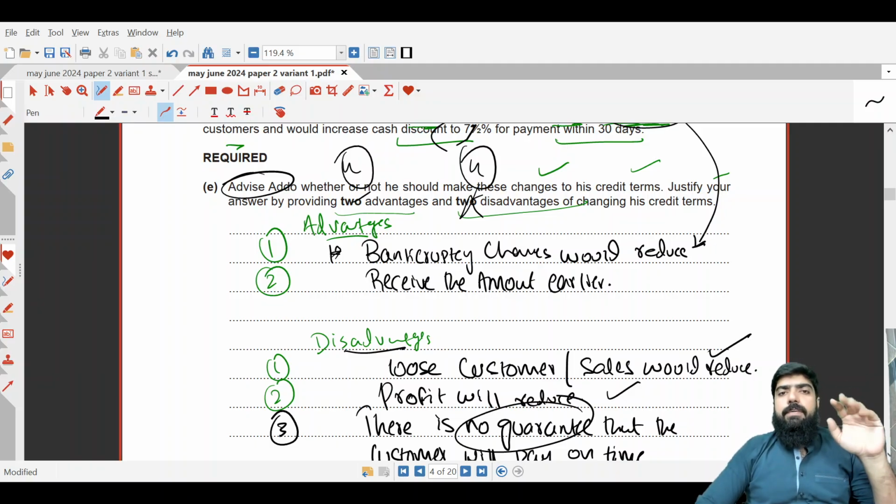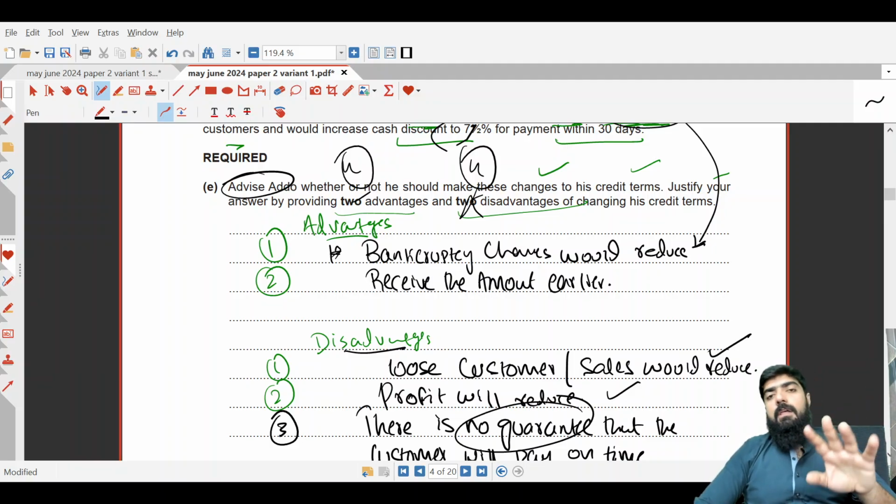You should try to give as many as possible, but most of the time you will figure it out. If the examiner asks to list two, three, four, most of the time you will figure it out.